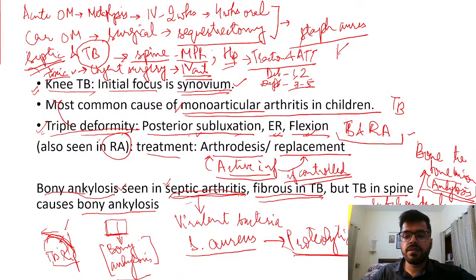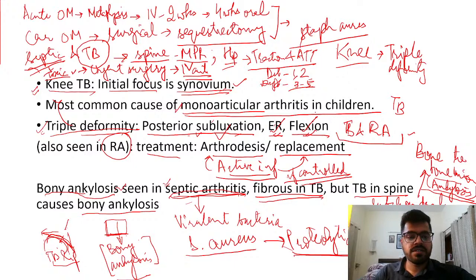And in knee joint there is typically triple deformity, which is posterior subluxation, external rotation, and flexion. So that's it about the musculoskeletal infections.